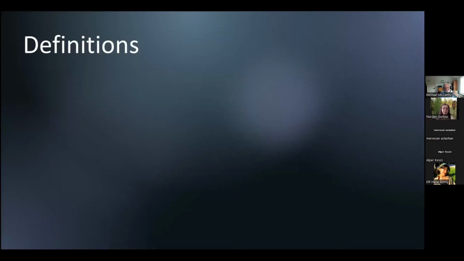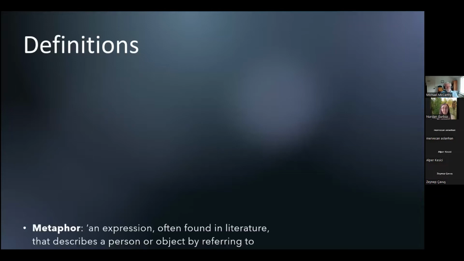And this led me to some definitions about particular kinds of figurative meaning, and in particular, what I've called the 3 M's. Because if you're going to study meanings which are not literal, which are in some way creative and figurative, then you always come back to these 3 major M's.